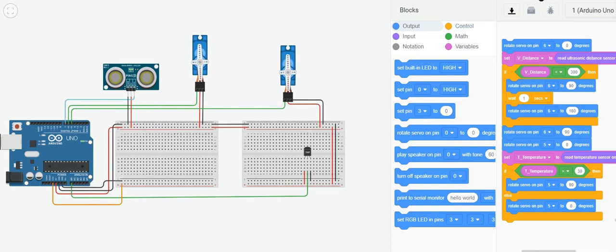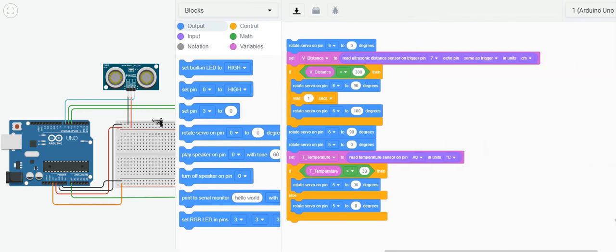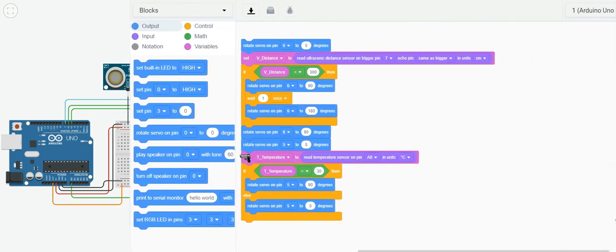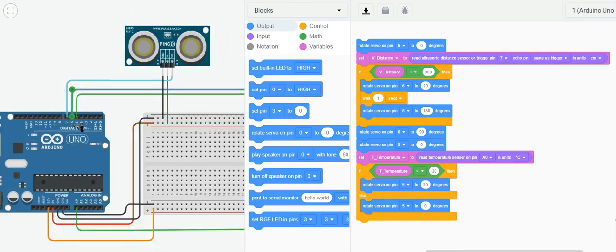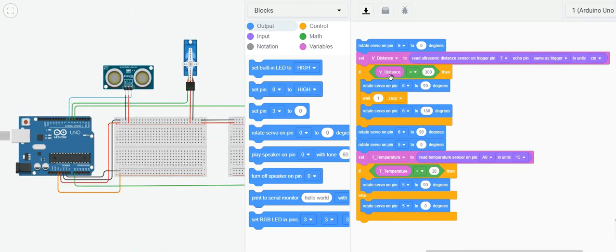Let's move to the block diagram. This is the block diagram I use for the circuit. This one rotates the servo on pin 6 to 0 degrees, for the setting. Pin 6 is indicated here.